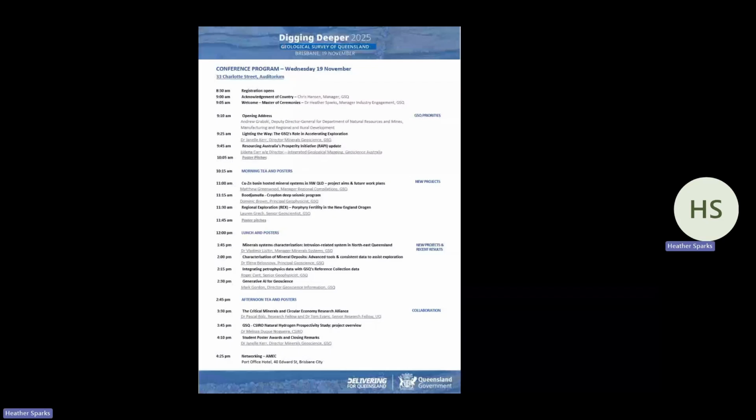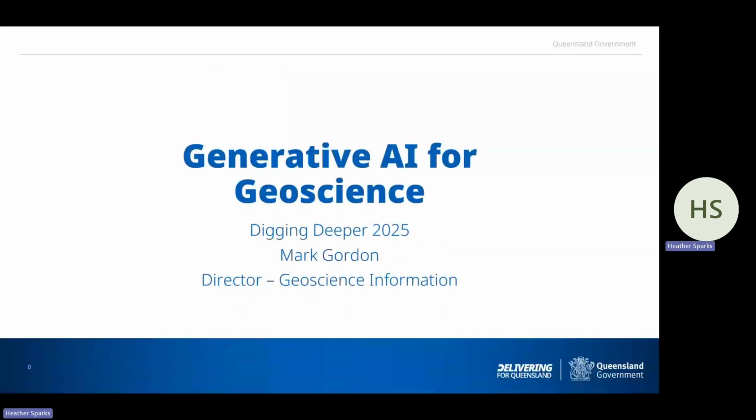Mark Gordon leads the Geoscience Information Management Team at the GSQ and has more than 20 years experience working across digital. Mark has overseen projects such as the Digital Librarian AI Proof of Concept, which investigates large language models, which can help make exploration data more accessible and useful.